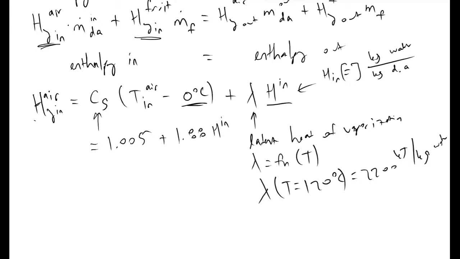So this H_Y,N term as a whole will have units of kilojoules per kilogram of dry air. And so the reason psychrometric charts are important is because we're going to need to be able to figure out what these H_N terms are to actually evaluate what our enthalpy is for our air inlet stream.